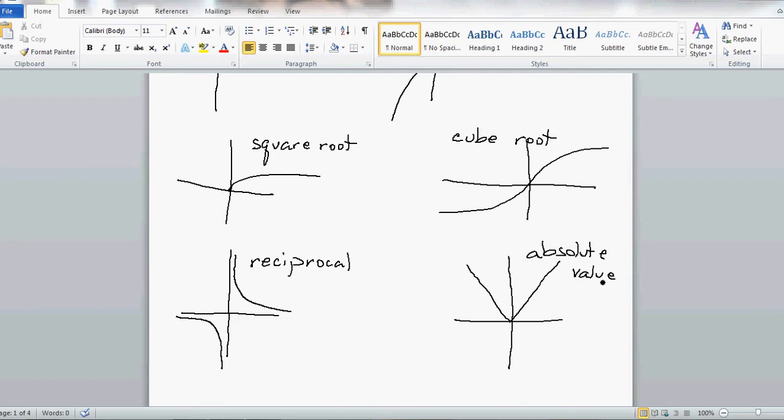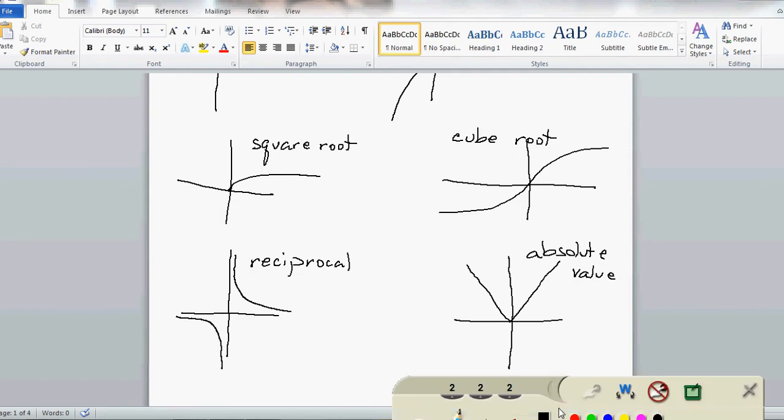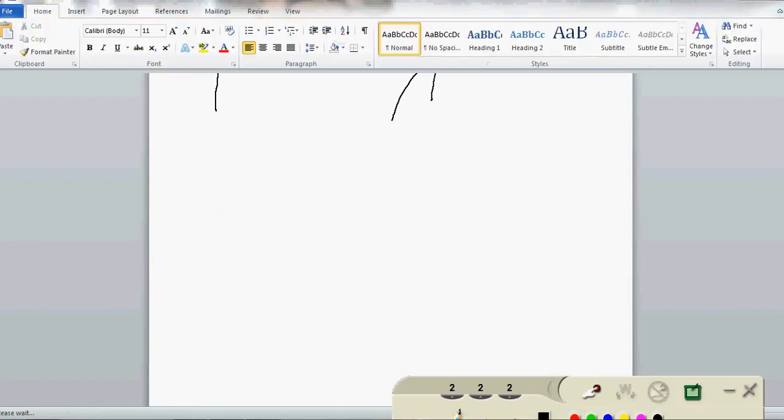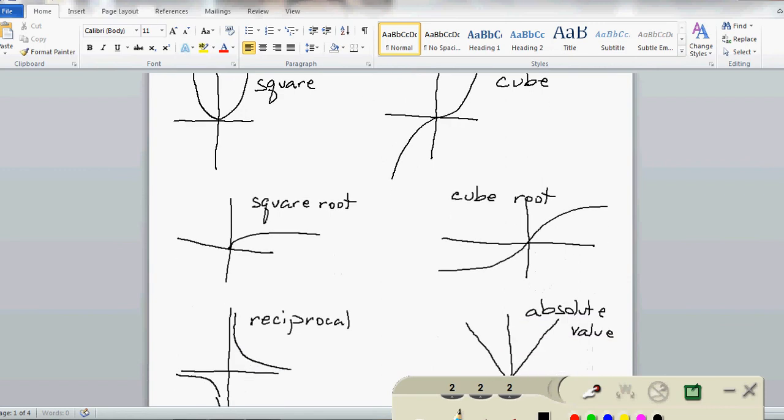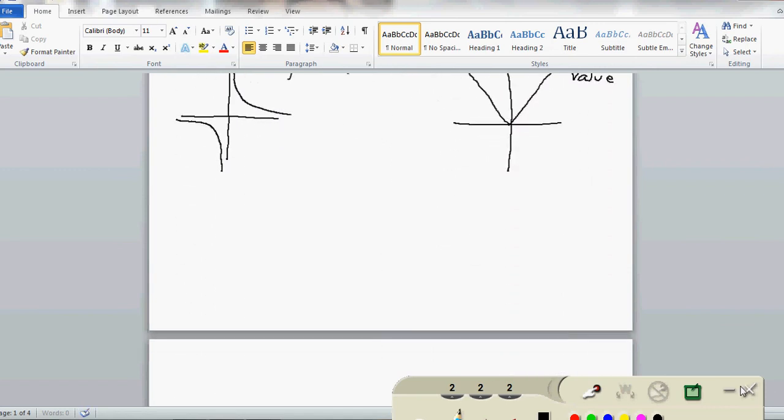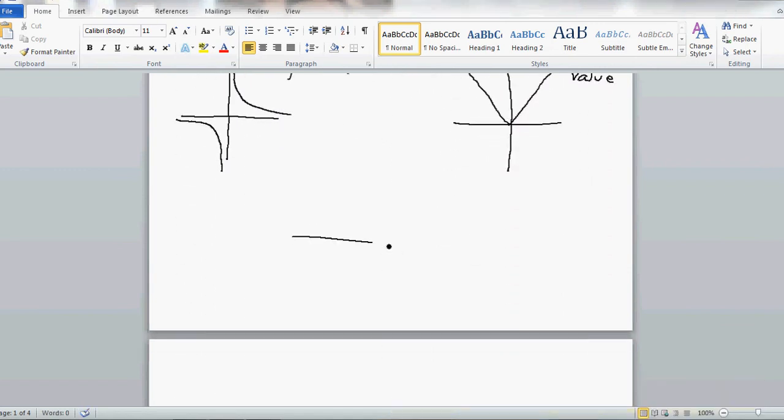And then finally, we have one that chances are you have probably not seen, or if you have seen it, you haven't seen a whole lot of it. And that is the greatest integer function. The greatest integer function looks like this.